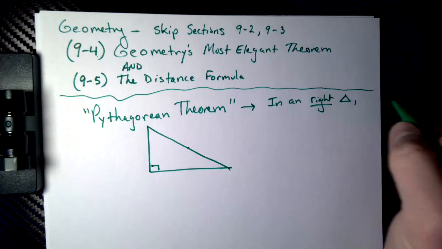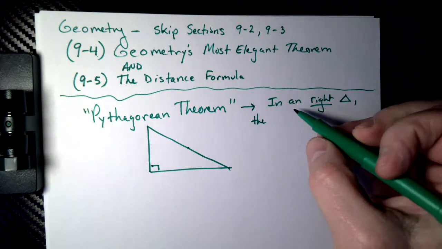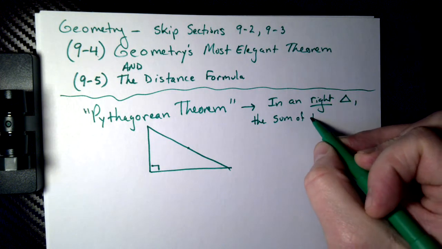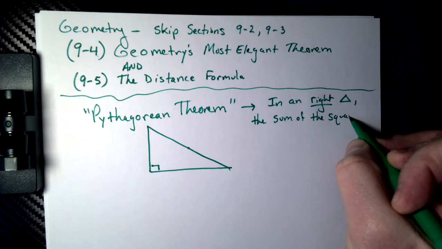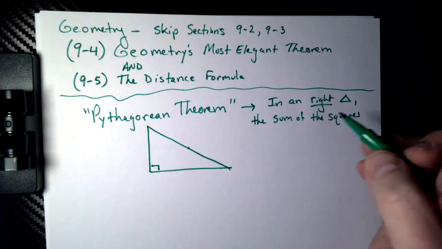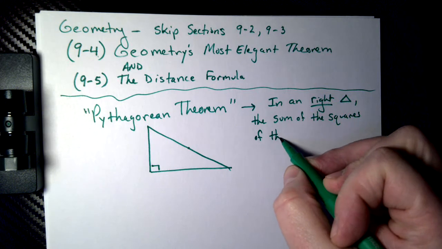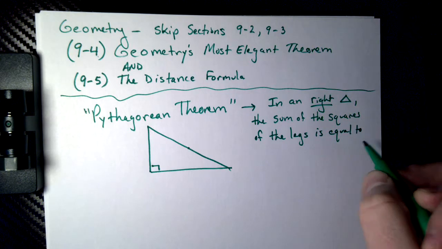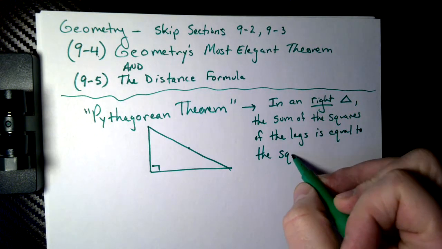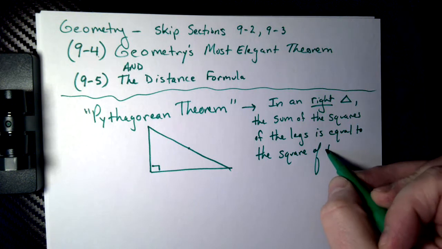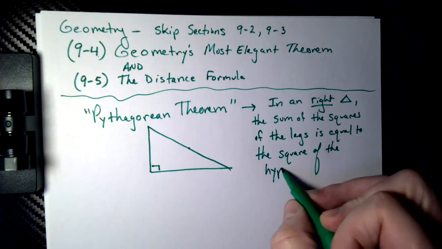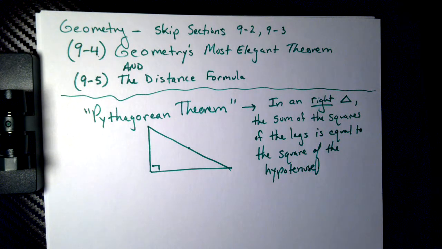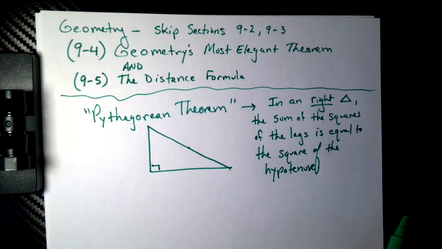In any right triangle, the sum of the squares of the legs is equal to the square of the hypotenuse.